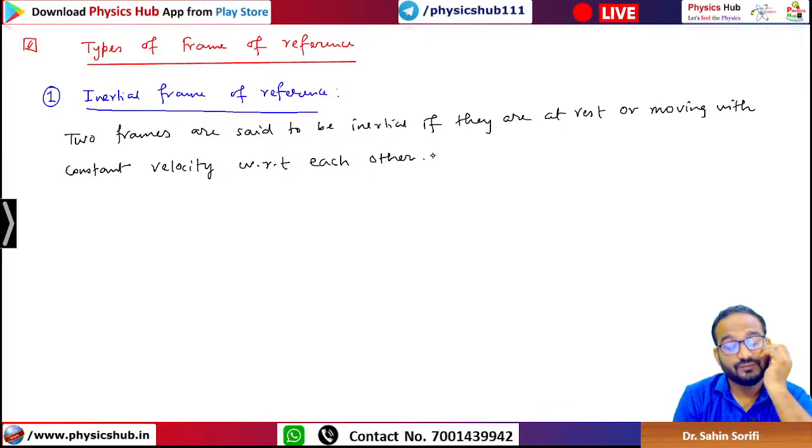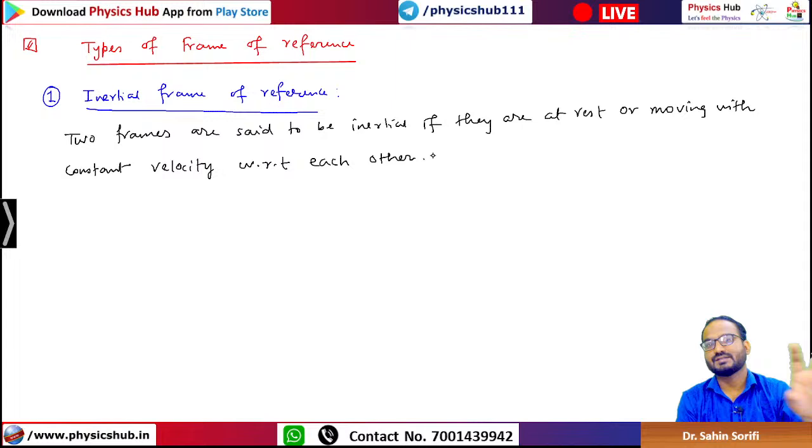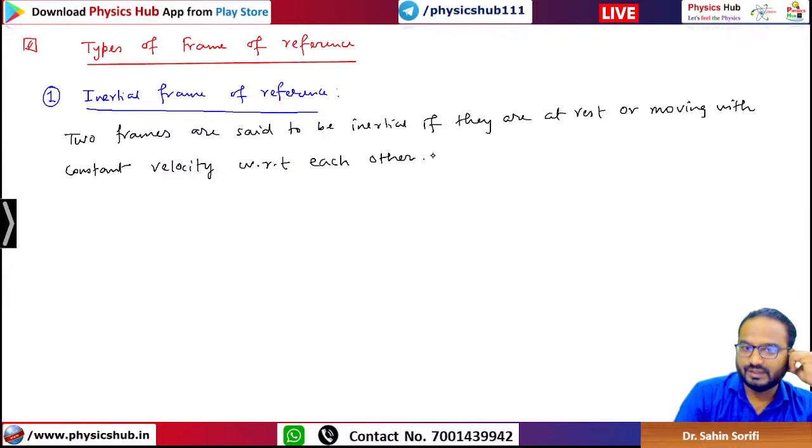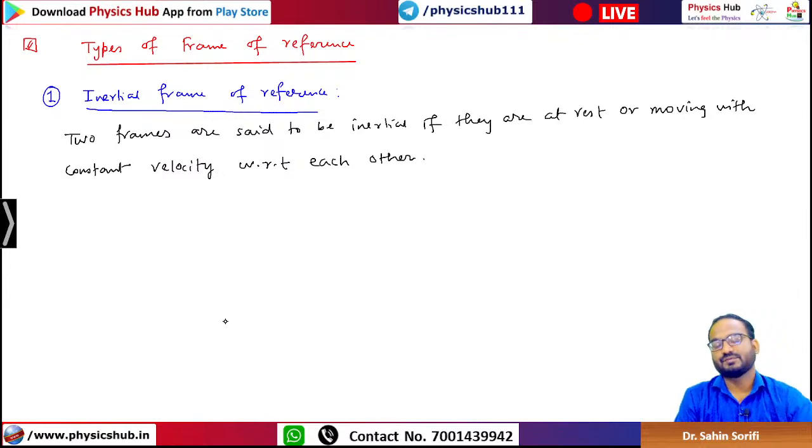Depending on the frame of reference, the observer may decide whether it is at rest or moving with some speed. That is why whenever we want to define inertial frame of reference, we need at least two, because we have to say with respect to which frame he is at rest.